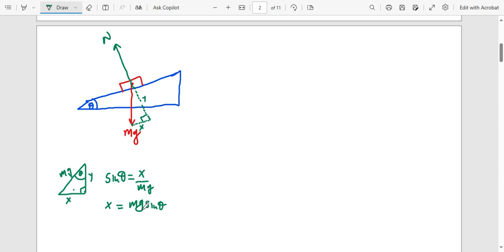Please don't say that the x component is always equal to cos. These are not components. As we've been talking about in vectors, cos theta in this case is adjacent over hypotenuse. The adjacent is y, the hypotenuse is mg. So y in this case is going to be mg cos theta. Are we okay so far?